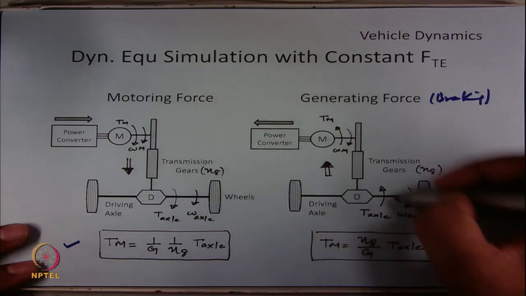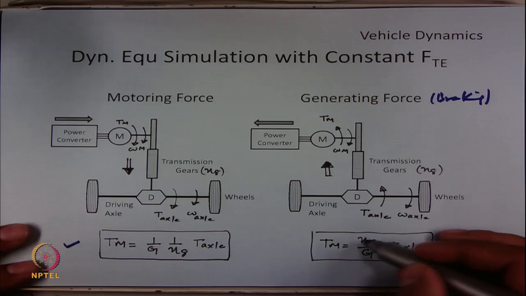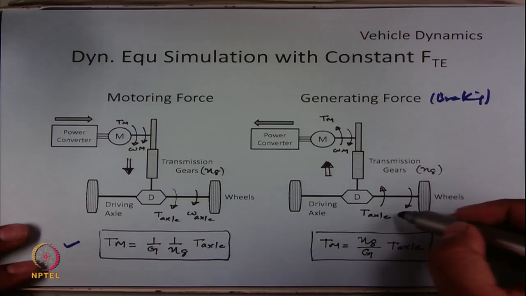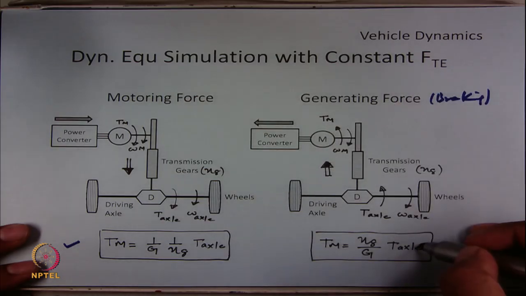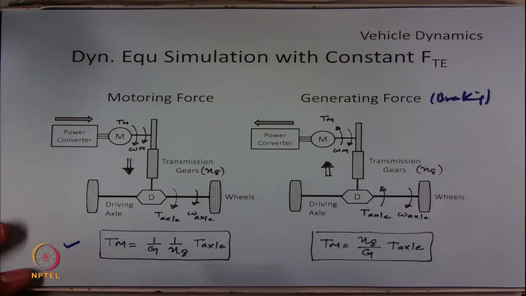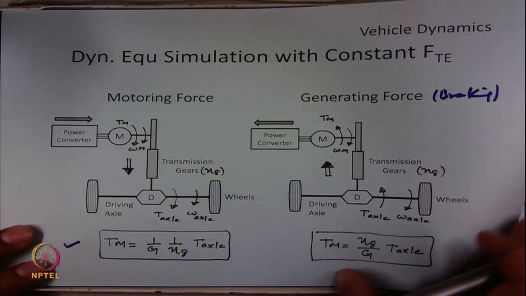So, the direction of torque has changed with respect to the angular velocities and also the power flow. But the equation of Tm with respect to Txl is now eta g by g. Why it is so? Because the input torque is Txl and the output torque is Tm. So, Txl has to be greater than Tm. So, this equation change has to be kept in mind.